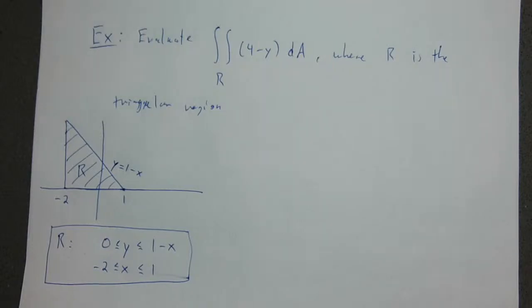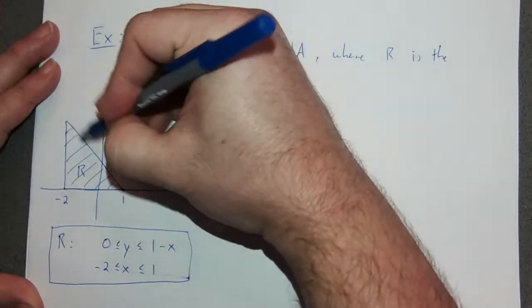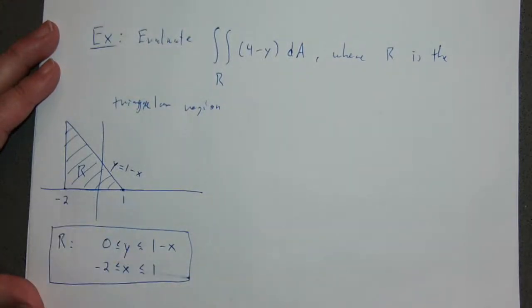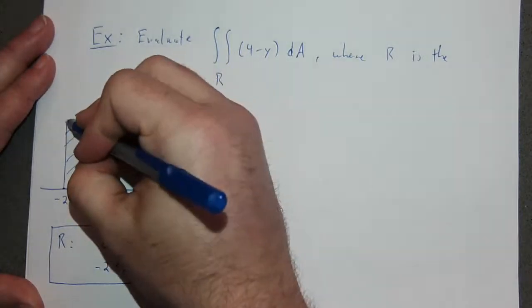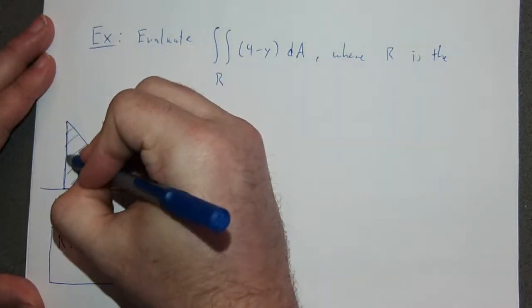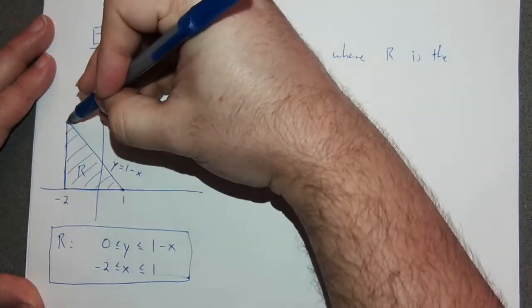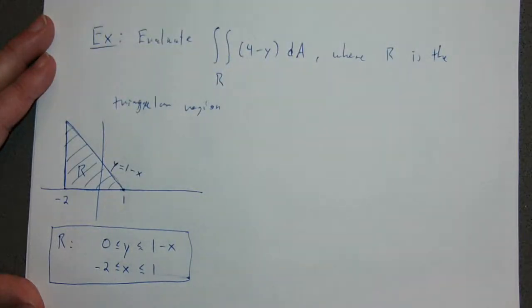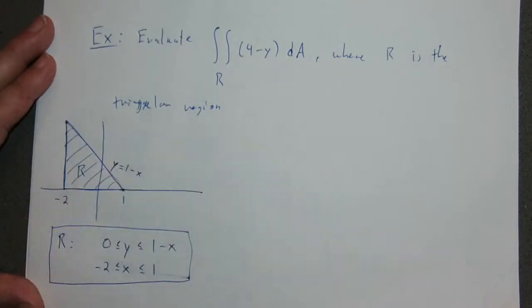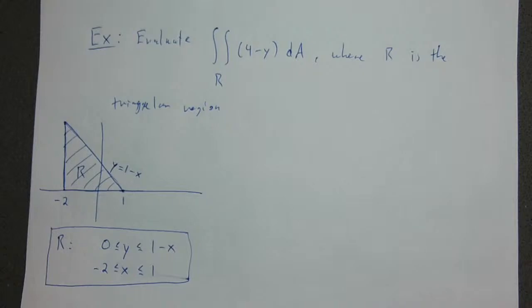Can I explain why it's simple? Yeah, so it is vertically simple because I have top function, bottom function, and x is bounded from -2 to 1. But also, I could view this as left function of y, right function of y, and y is bounded between 0 and whatever the y value of that point is.